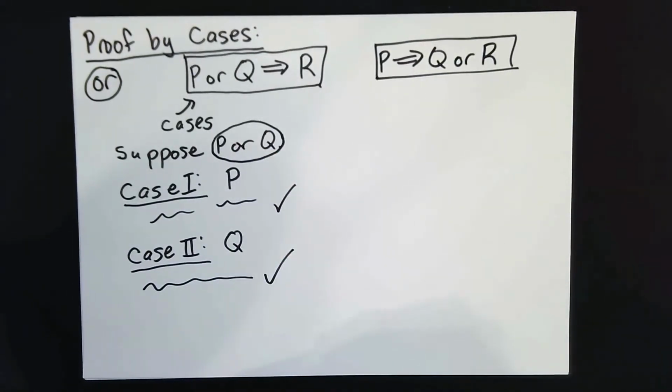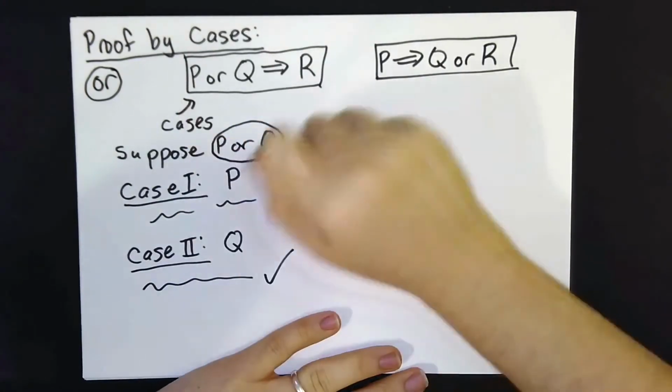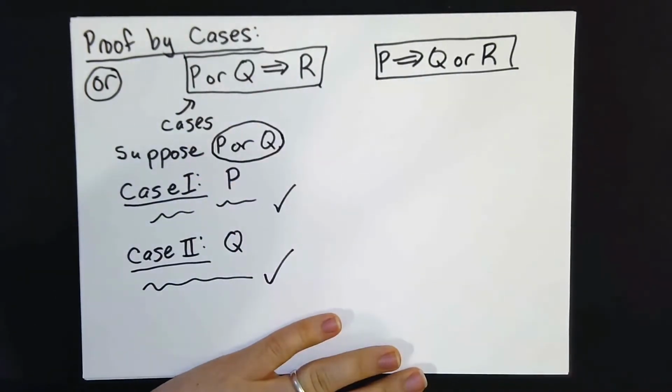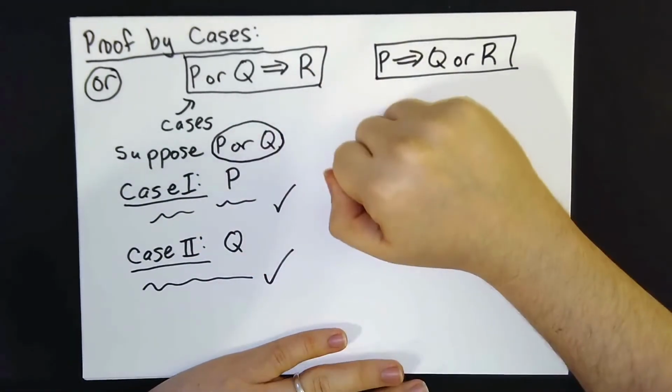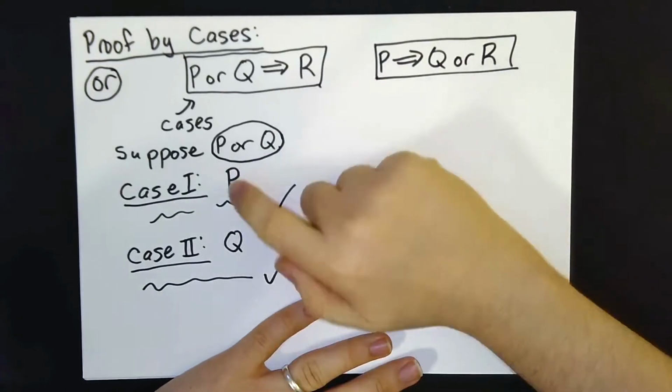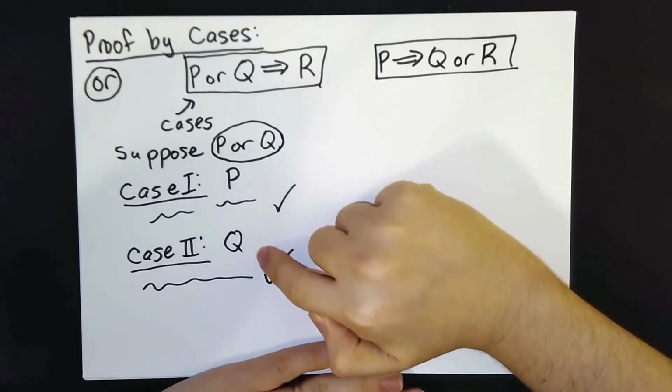Now, a common question I'll get, and this is a very good question, is, aren't there really three universes? One where P is true and Q isn't, one where Q is true and P isn't, and one where P and Q are both true. And as long as you're not using something about Q being false in your case, you really only have to check these two.